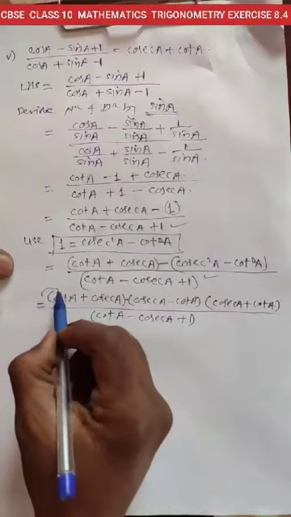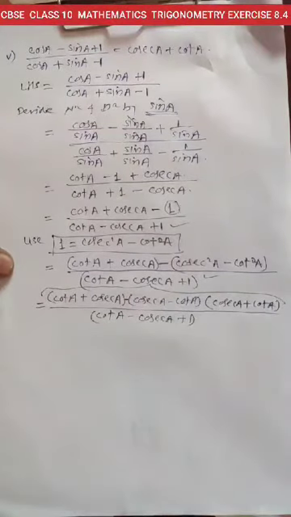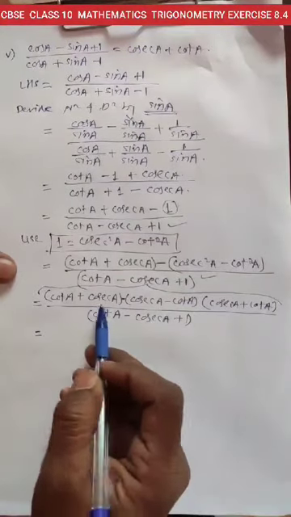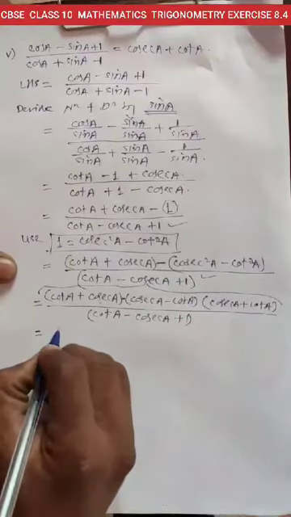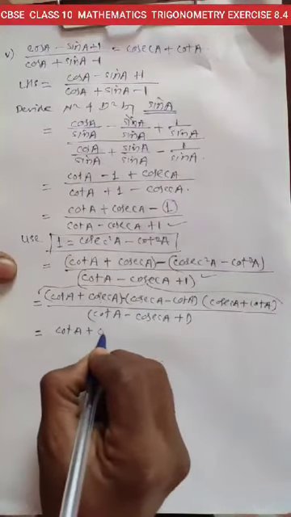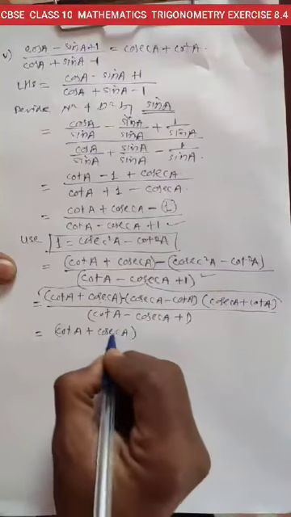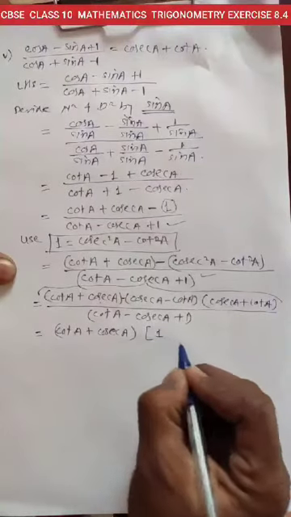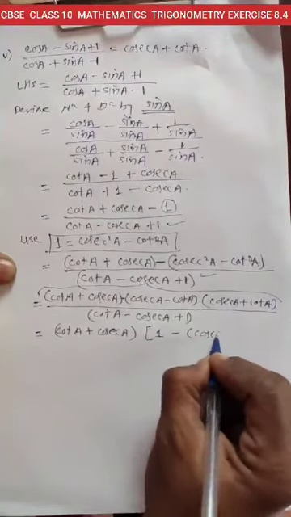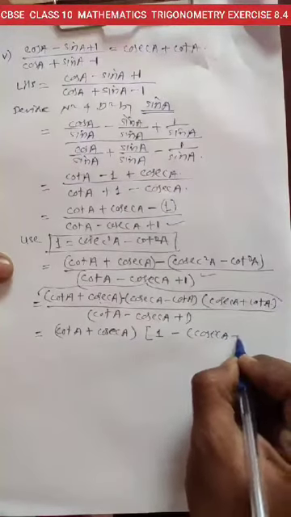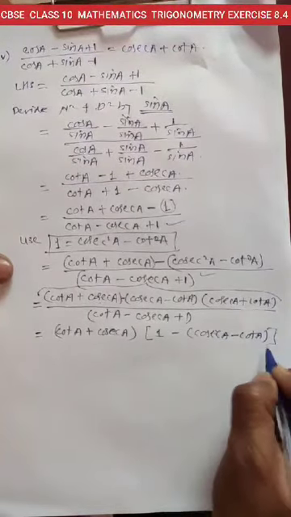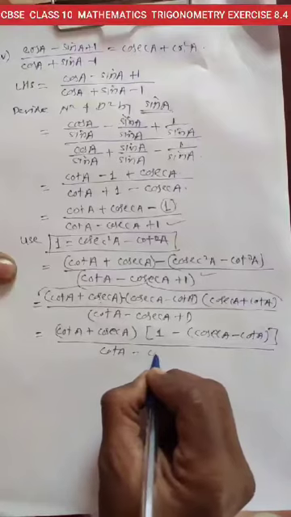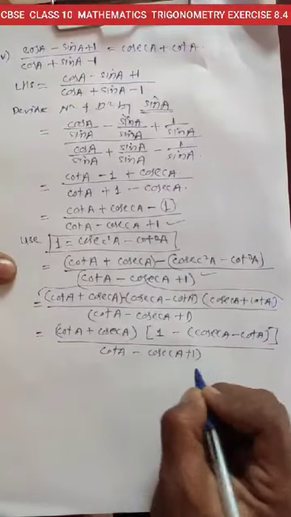Now in this numerator take the common part outside. Which one is the common part? The common part is cot A plus cosec A, that means cosec A plus cot A. Taking this as common, what will be the remaining? Here this part goes outside, therefore its value is 1 minus into bracket cosec A minus cot A, bracket complete, divided by cot A minus cosec A plus 1.